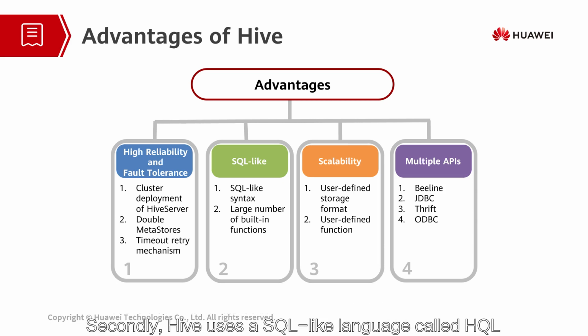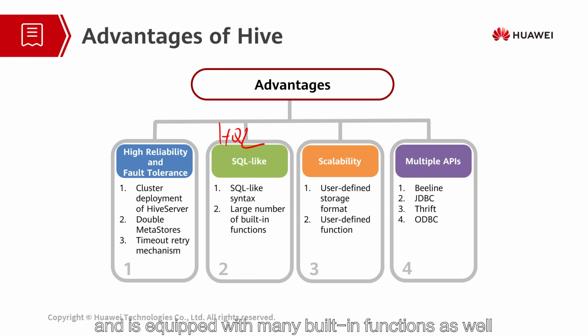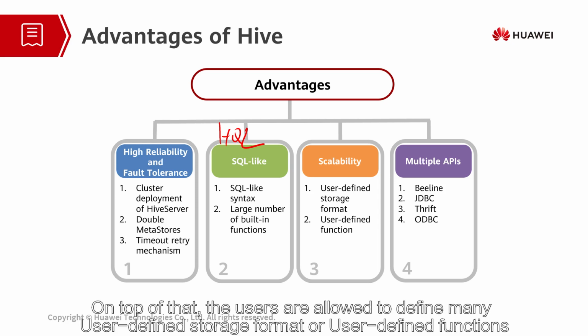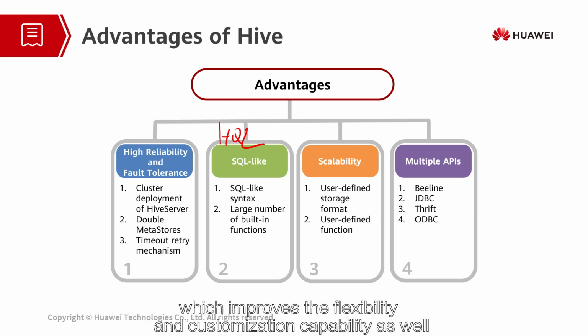Secondly, Hive uses a SQL-like language called HQL and is equipped with many built-in functions as well, so it is rather easy to use. On top of that, users are allowed to define their own storage formats or user-defined functions, which improves the flexibility and customization capability as well.